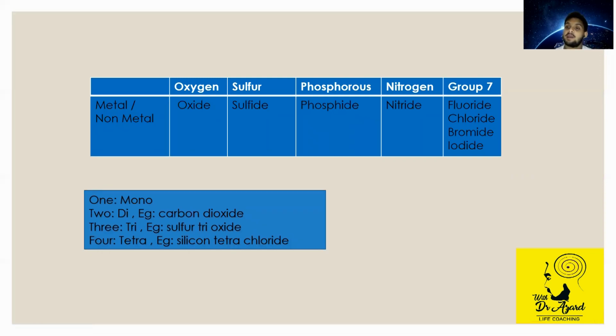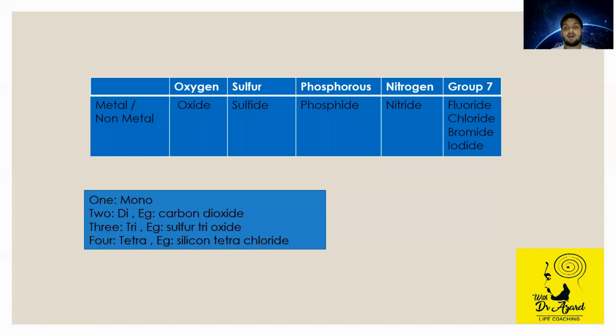Similarly, if we react an element with three oxygens, or anything with three, maybe three nitrogens, then we call it tri. So when sulfur reacts with three oxygens, we can't just write it as sulfur oxide, but we should write it as sulfur trioxide.